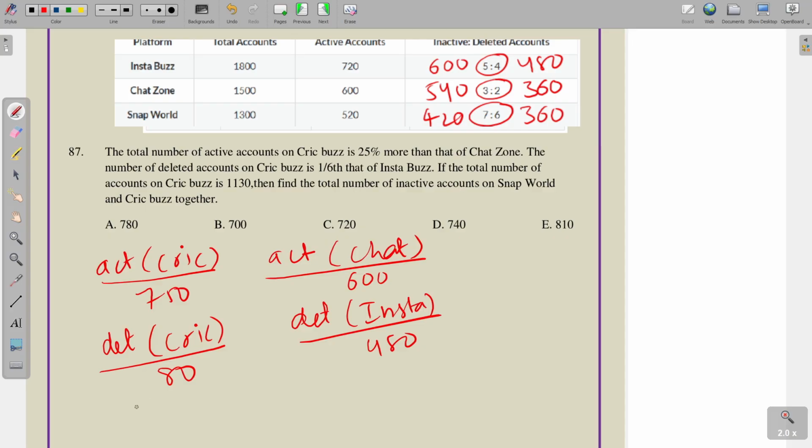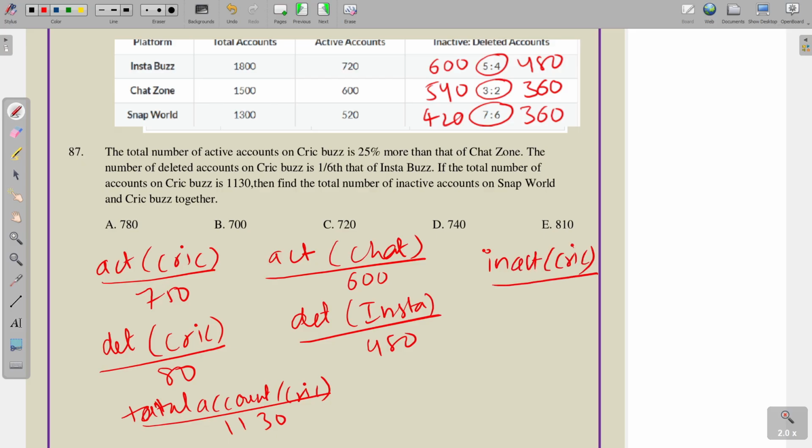If total accounts on CRBCC, they given in the question 1130. So from these three, active, deleted, total, inactive of CRBCC is, how many means? 750 plus 80, 830, 1130 minus 830, 300 are inactive accounts of CRBCC.